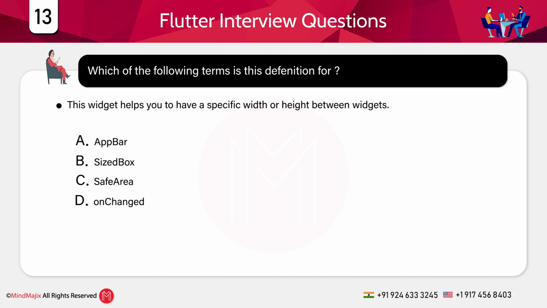Within that we use this widget. So let's see what is the correct answer. Here the correct answer will be B, sized box. So this sized box widget is used most of the time and we have used it in our applications as well.